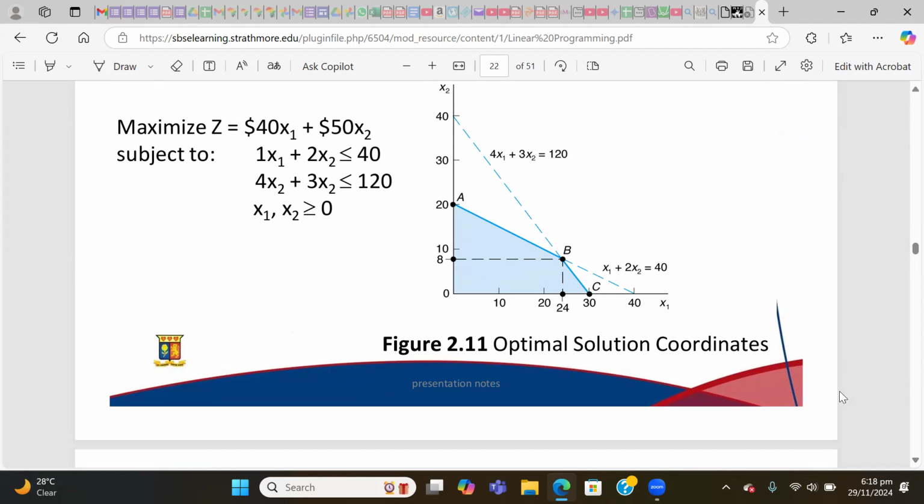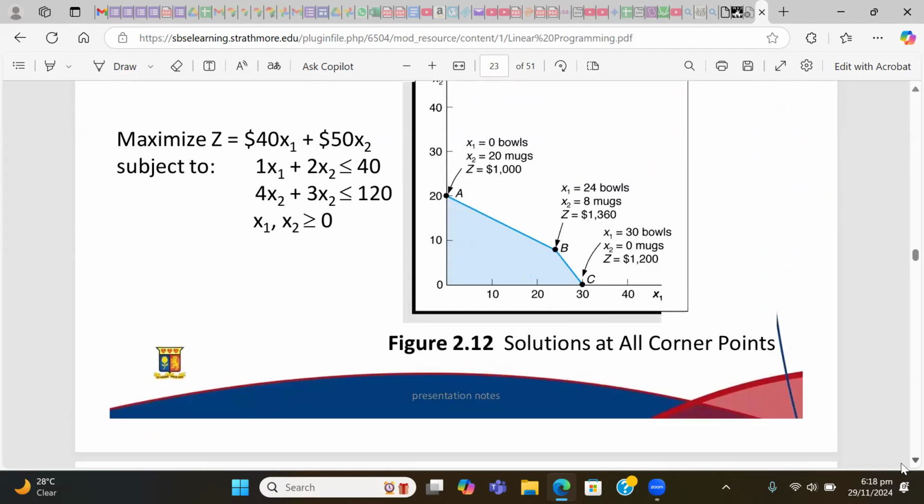So when you put x1 equal 24 and x2 equal 8, you will get, not 1200, you get 1360. And that is the maximum profit you can actually achieve given these constraints.